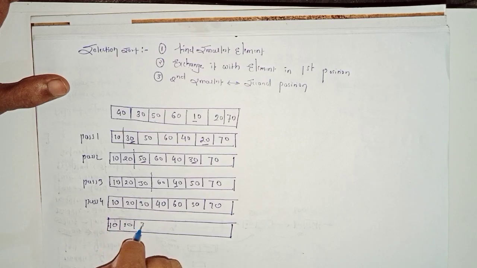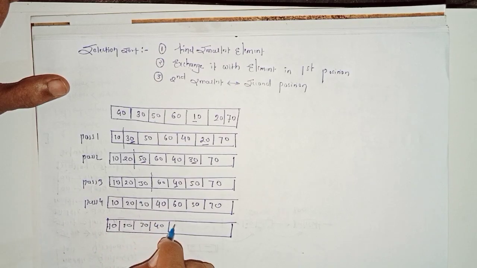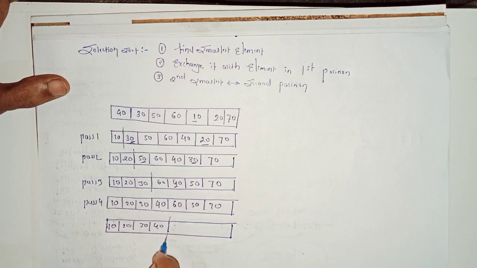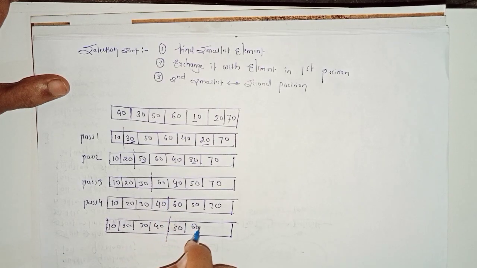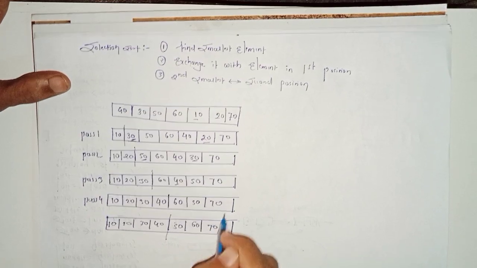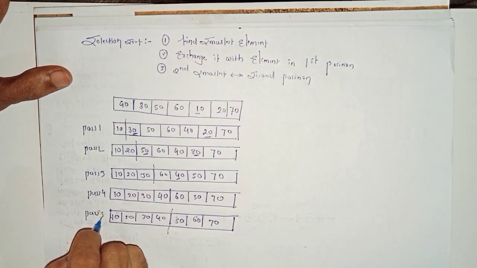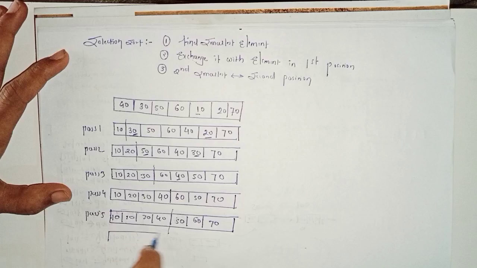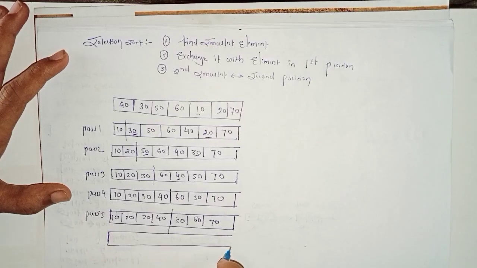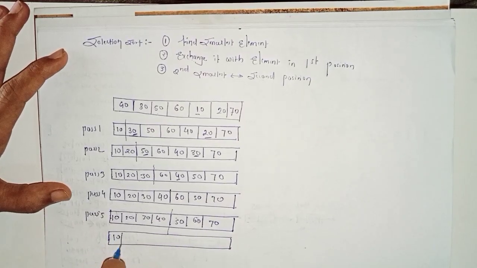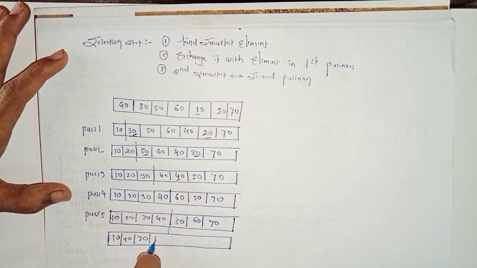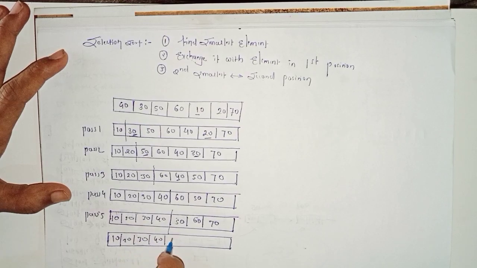10, 20, 30, 40. So right here this part is already sorted, 50 will come here, 60 goes down here, and 70. Pass 5. And the last pass is 10, 20, 30, 40, 50 and 60.